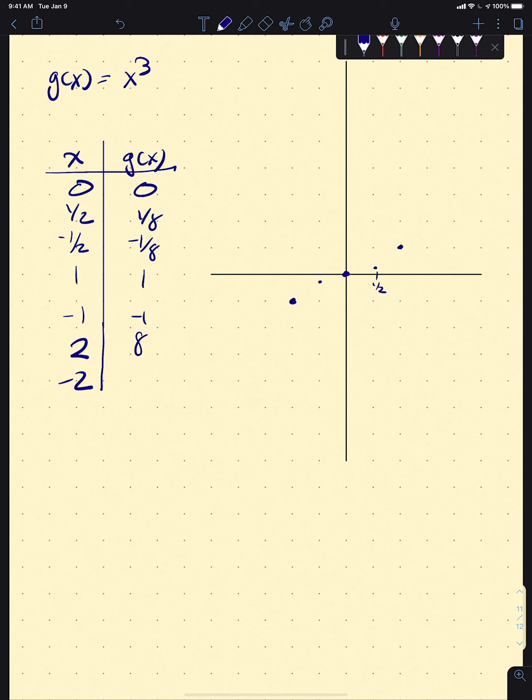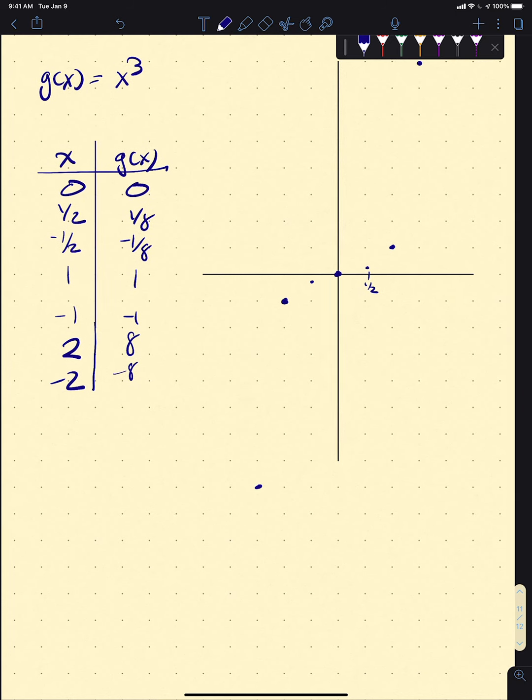2 cubed is 8, which would tell me that negative 2 cubed would be negative 8. So we need to count up 1, 2, 3, 4, 5, 6, 7. Looks like I just made it with 8. And 1, 2, 3, 4, 5, 6, 7, 8, just like that. So our graph of x cubed is where I smoothly connect all of these dots.